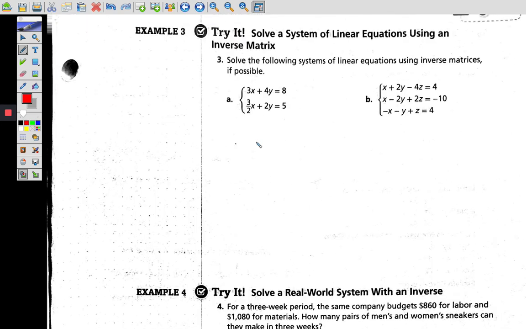And then they actually just want us to solve example 3. So 3, 4, 8, 3 halves, 2, and 5. Remember, when we do this, we use RREF.